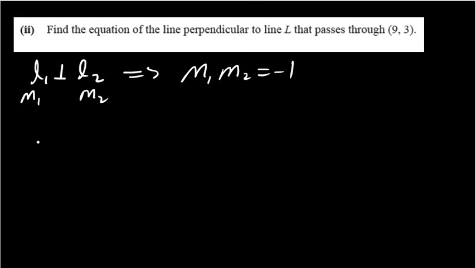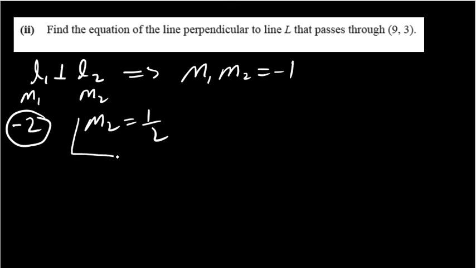So our m1 is already negative 2, the previous line. Now our m2 will be 1 over 2, because it is the negative of the reciprocal. When you negate negative 2, it will be positive, and take the reciprocal, it will be 1 over 2. So we have the slope, and we also have a point. The line passes through the point (9, 3), it says.